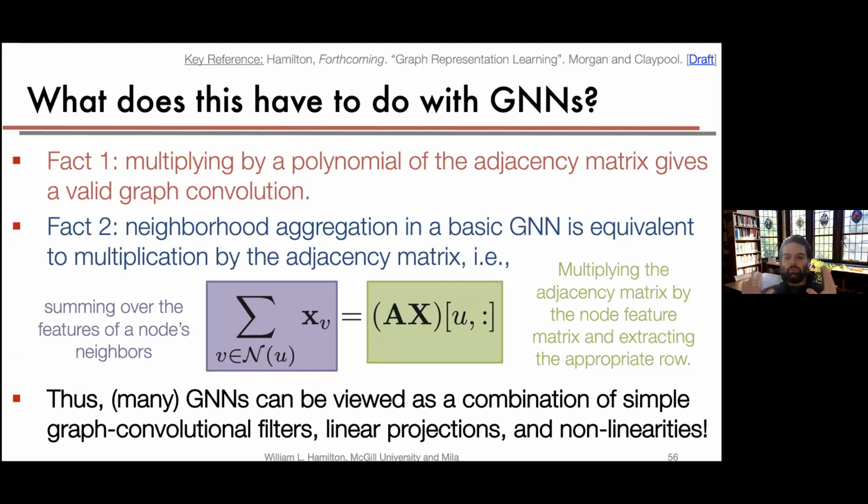So when I showed that initial image of a GNN aggregating from local neighborhoods, each one of those aggregations is really a multiplication by the adjacency matrix. This means that many, but not all, graph neural nets can be viewed as a combination of simple graph convolutional filters, linear projections, and nonlinearities. So very much like convolutional neural networks in vision, but here we're doing graph convolutions rather than standard Euclidean convolutions.